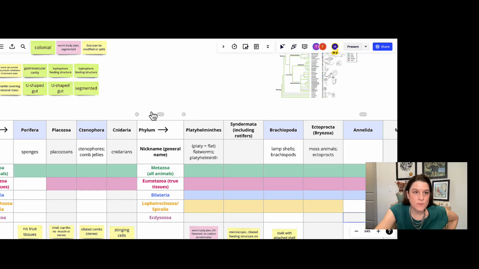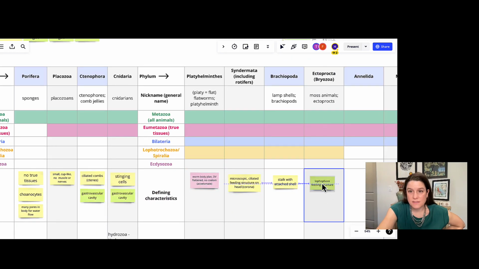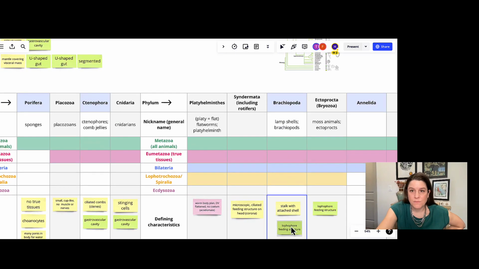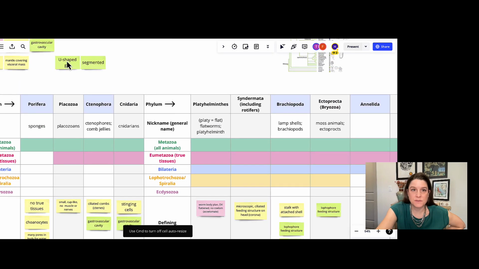And if we look at them, they do have a lophophore feeding structure. That's also true of the Brachiopoda, and the U-shaped gut, as I mentioned. Both those groups have those.